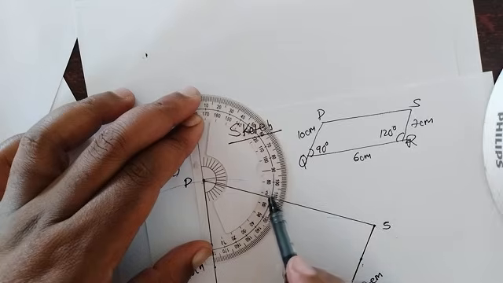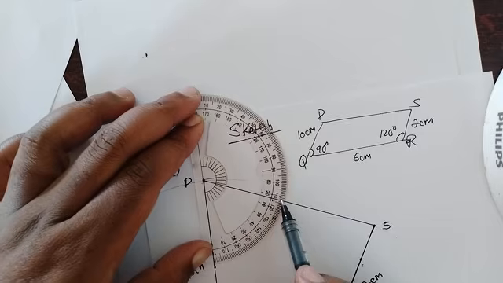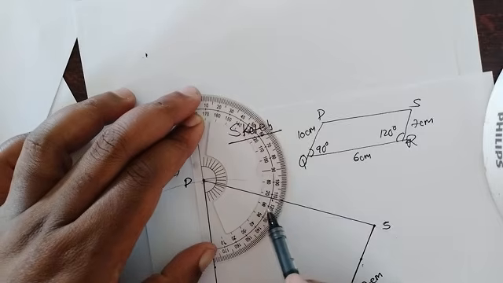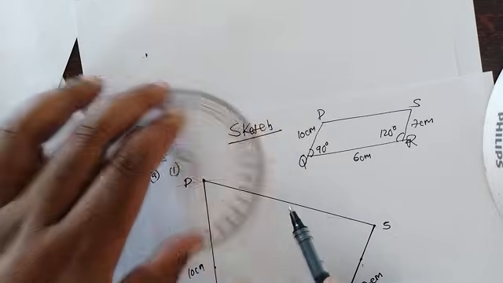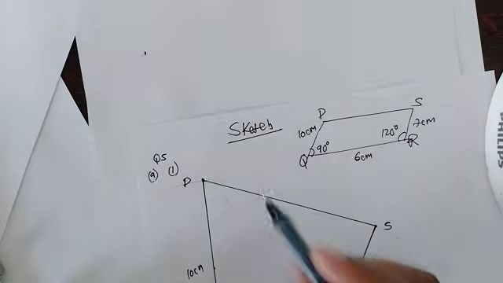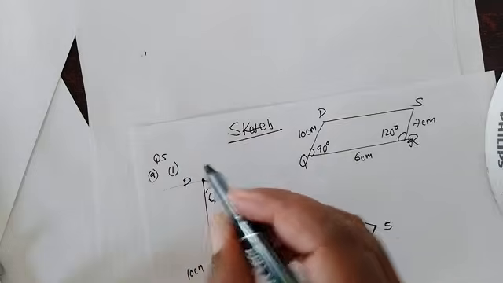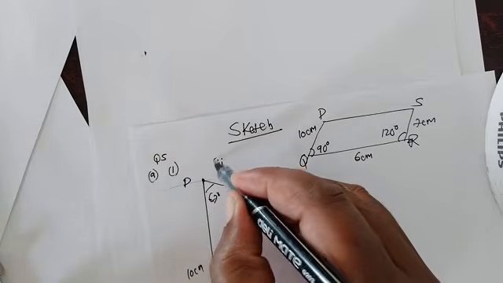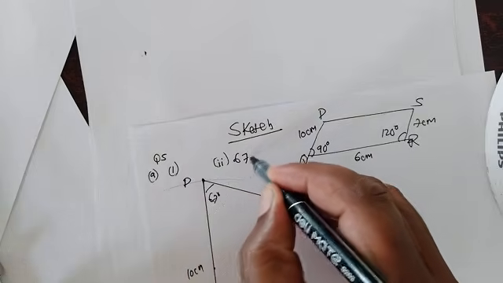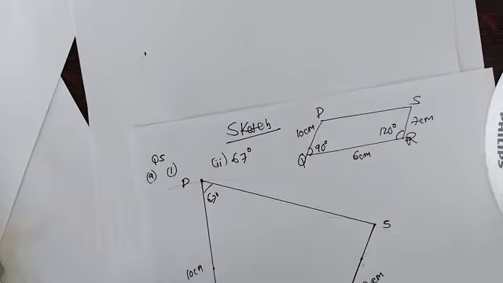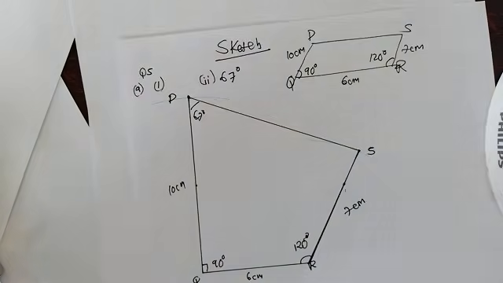This is 60, that is 70. Okay, so take note, this is like 65, 66, and that is 67. Okay, so this is our angle here. We have 67. So you can even write it here to say 67 degrees, or you say Roman numeral 2 is 67 degrees. Okay, then we go to the part B.